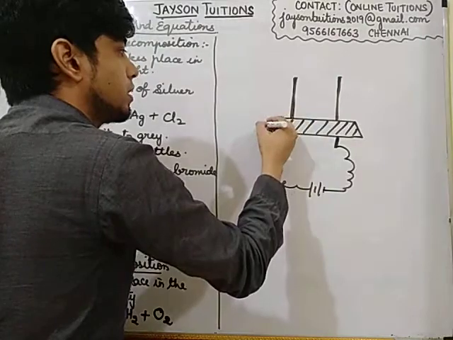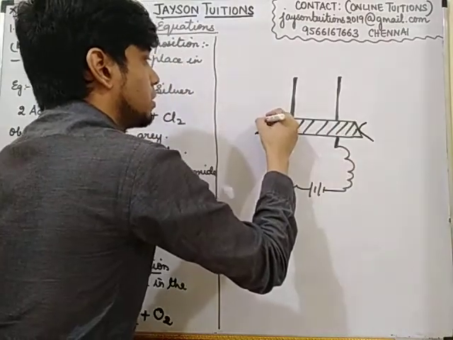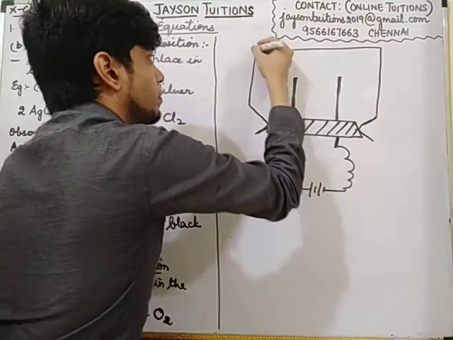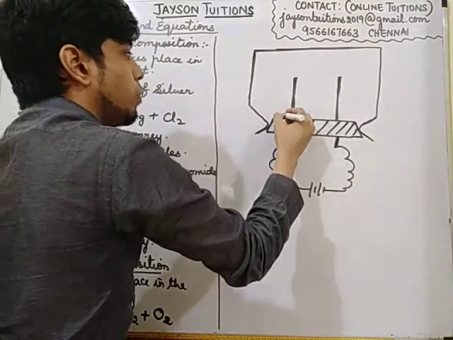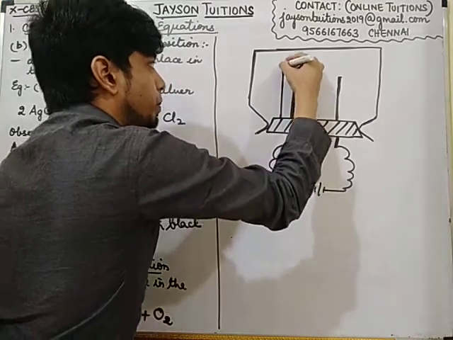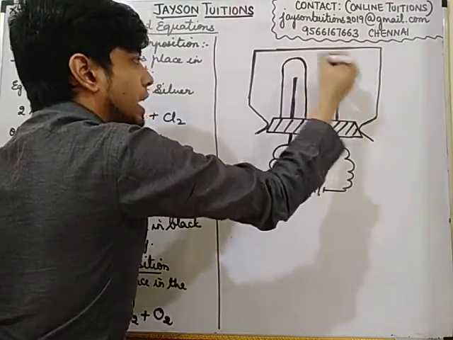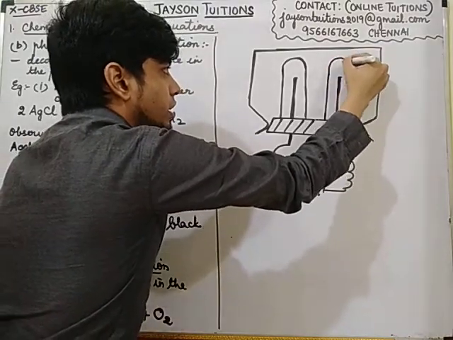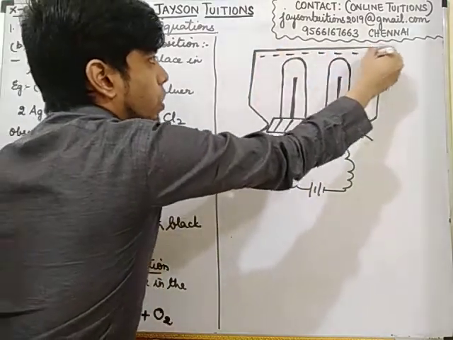Here I am going to take a container containing water. I am going to place an inverted test tube over one electrode, and over the other electrode also I am going to place an inverted test tube. Here it will be full of water.